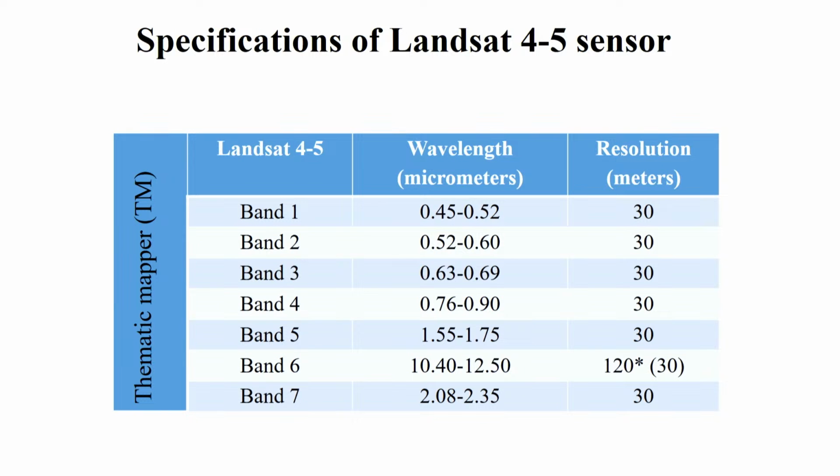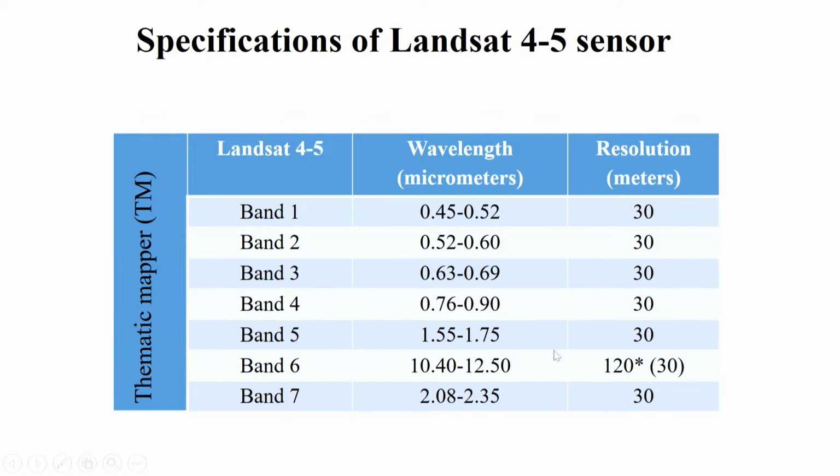Now we are coming to the specification of the Landsat 4 and 5 sensors, because the Landsat 4 and 5 optical and thermal sensors have been widely used by the scientific community for mapping and monitoring of land use and land cover. Landsat 4 and 5 have 6 bands in optical multispectral and 1 band in the thermal. Band number 6 is the thermal band.